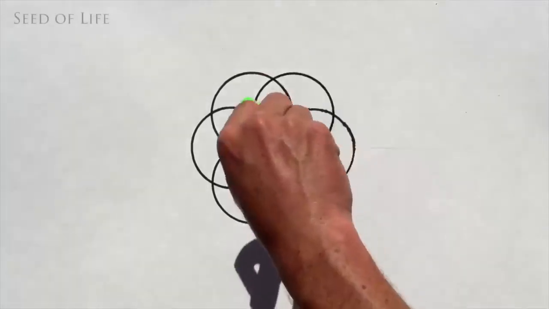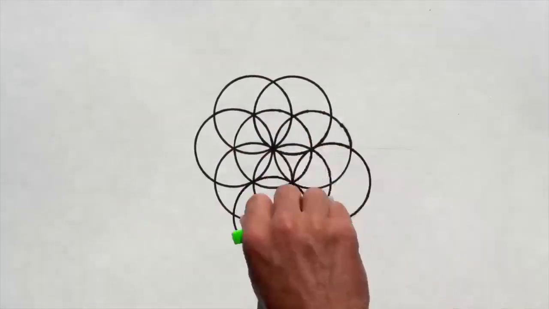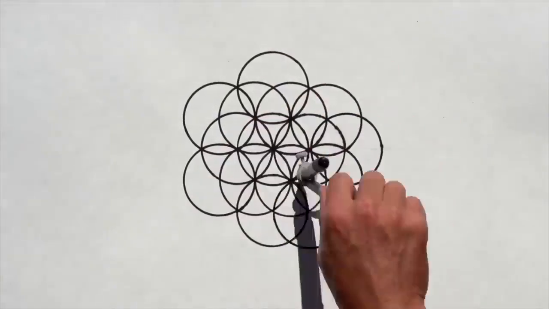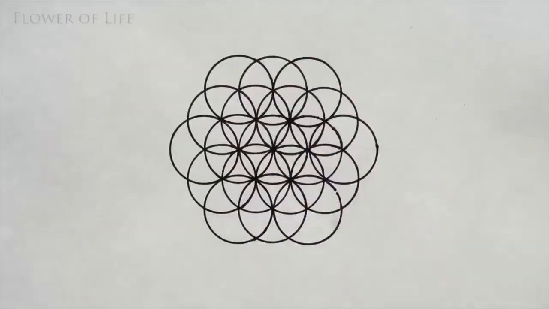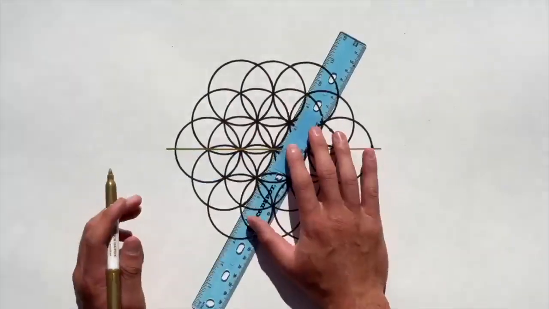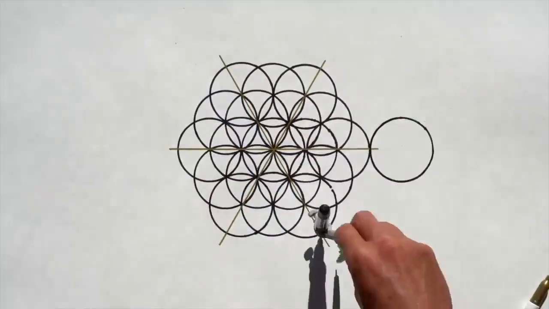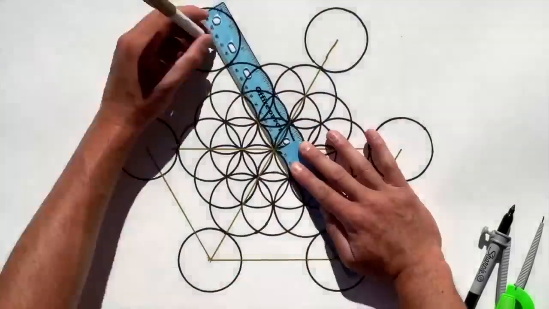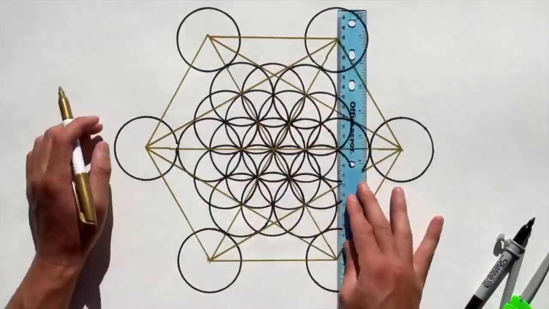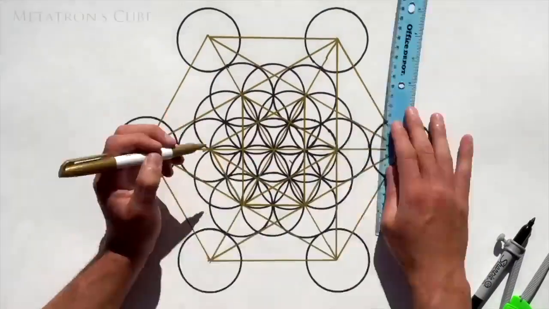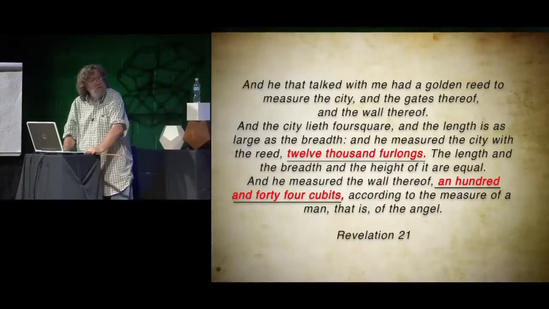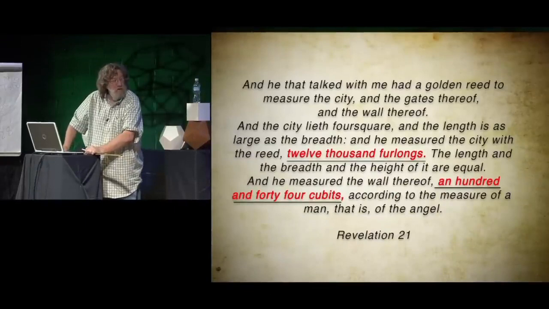You're building a form out of the material of your own conscious mind that reflects this order of cosmic nature that's all about us. And that's the power, and why the study of sacred geometry can ultimately be a key to accessing lots of other things like the Kabbalah and the alchemy and the Hermetic wisdom and the Gnostic traditions and the traditions of the Vedas and so forth. There it is, 12,000 furlongs. The city lieth foursquare.